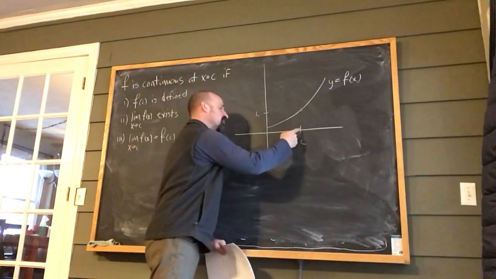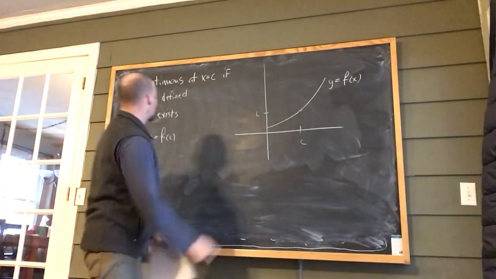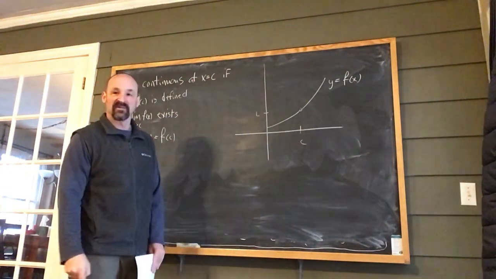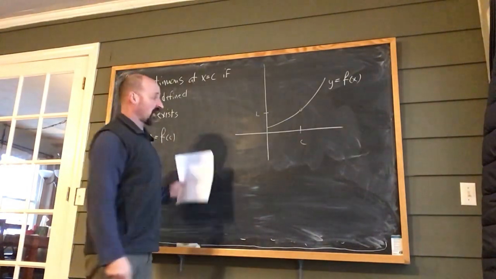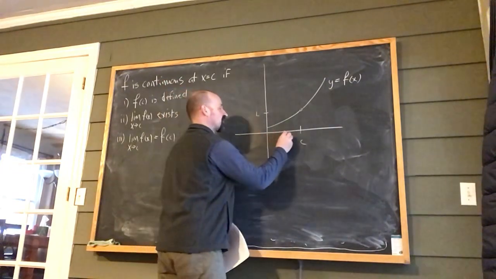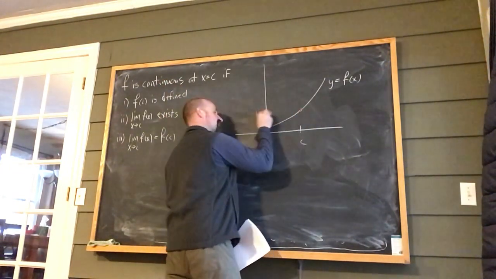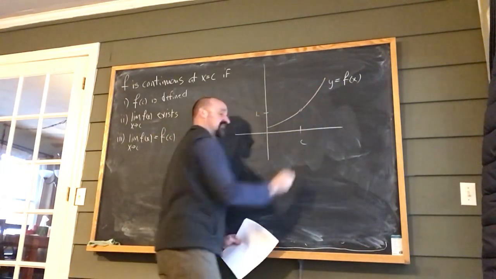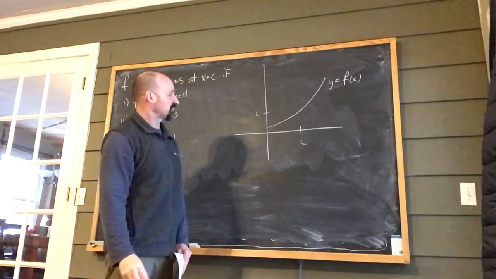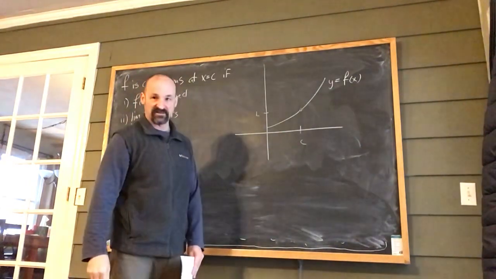It has a discontinuity at x equals c. Why? Because condition number one is not met. The function's not defined there. The limits exist. The left-hand limit, as I approach c from the left, the function values look like they're getting closer and closer to this value L. And the same is true if I approach c from the right. So the limit exists, but the function's not defined at c, so there's a discontinuity at x equals c.